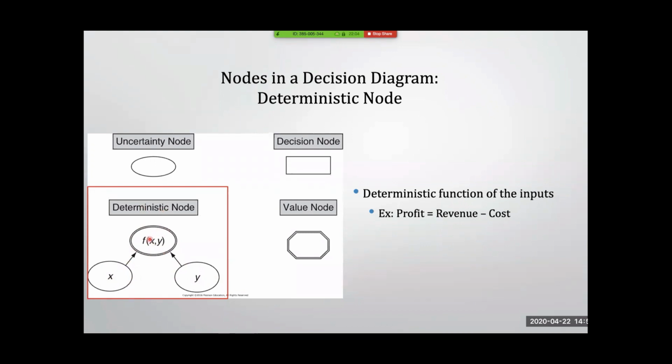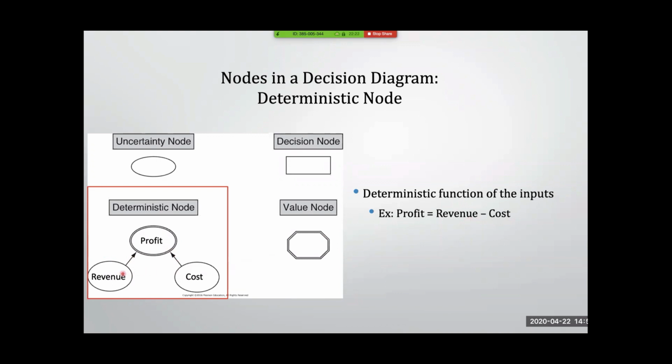It removed all the uncertainty that we have about profit once we know what the revenue is and what the cost is. Okay. Here, this would be the proper way to represent this relationship.